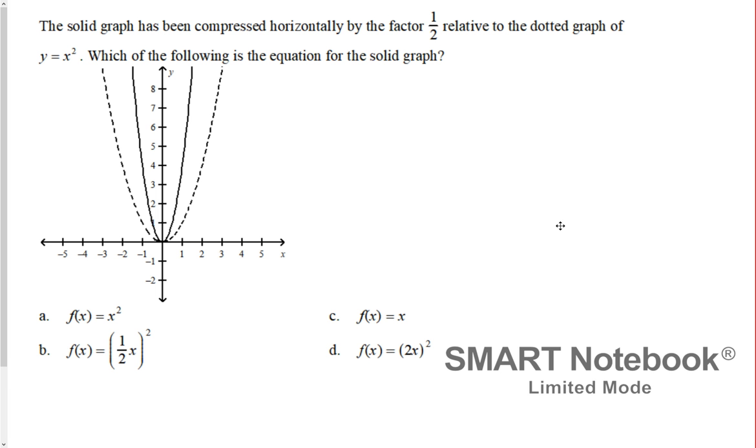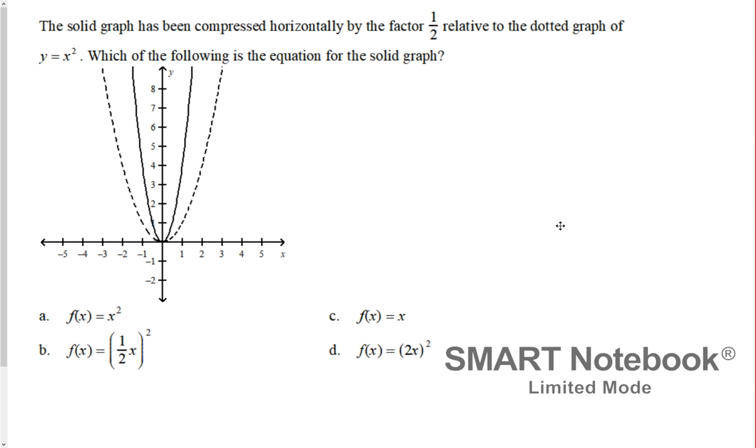This one is tricky, so I expect I'm going to get some incorrect answers, and that's always okay. If you want to take a guess, go for it.